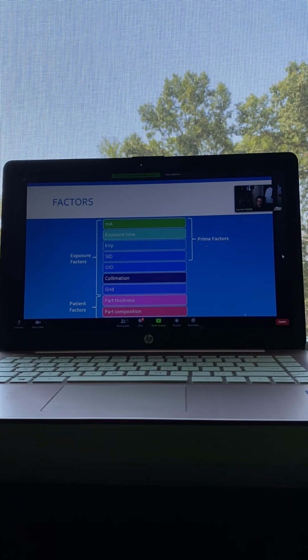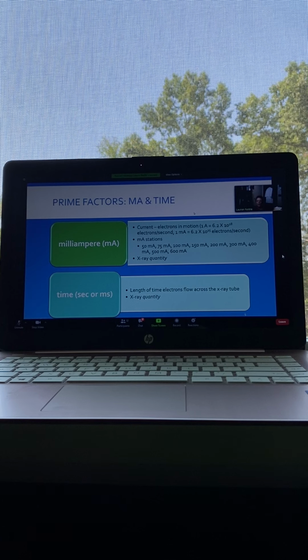All right, so let's review the prime factors, just a quick overview of them. MA, remember, that's the current, or electrons in motion, and there you've got what it's equal to. And again, on a test, I won't ask you this, but it's just to show you the impact and how many electrons are moving per second.